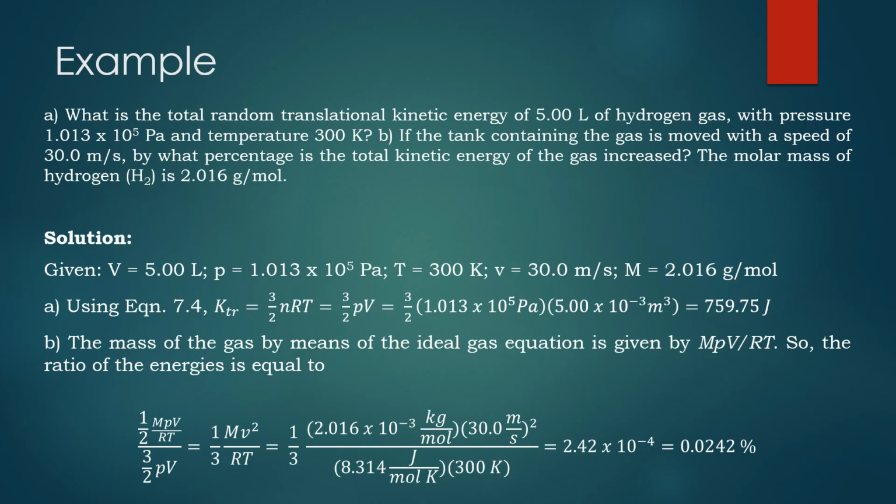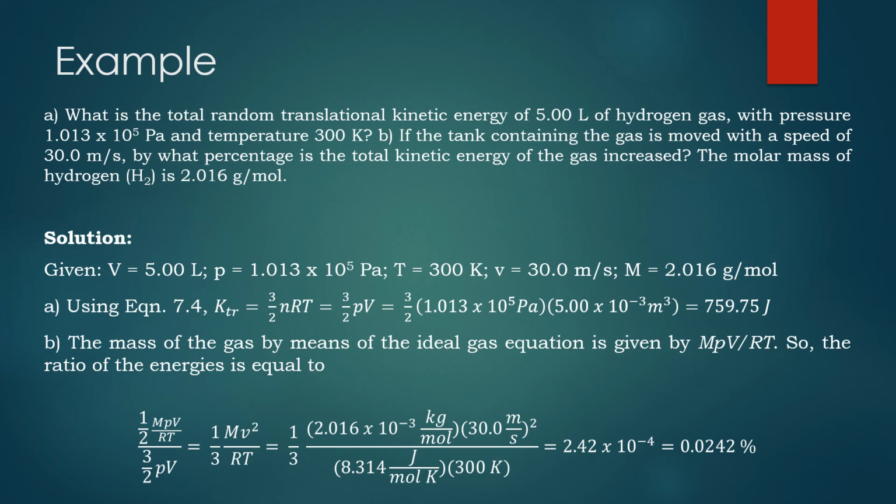Now, let us solve an example relating to our topic on kinetic molecular model of an ideal gas. Question letter A. What is the total random translational kinetic energy of 5 liters of hydrogen gas with pressure equal to 1.013 times 10 to the 5 pascals and temperature of 300 Kelvin?